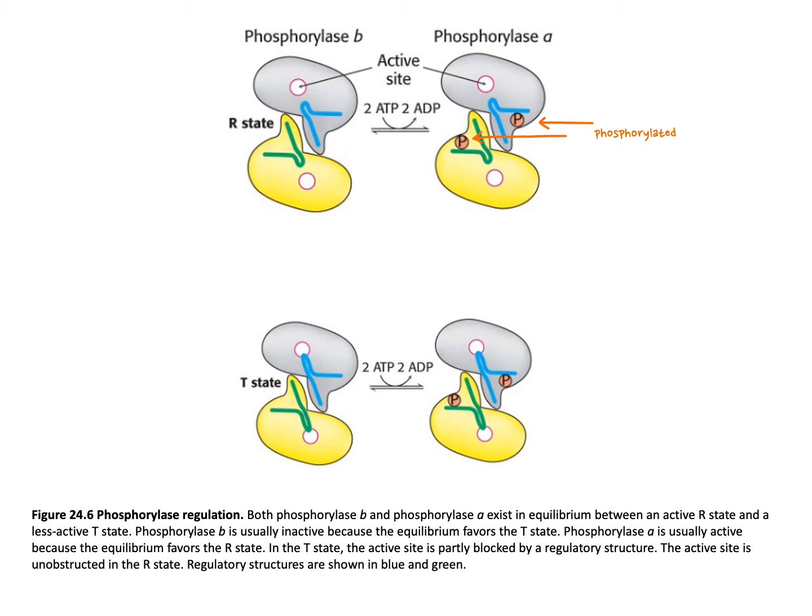For the A form, it's more active because the equilibrium between the R and T favors the R. You can see the big arrow towards the R. While the B form's equilibrium favors the T state, which is the tense state and less active.